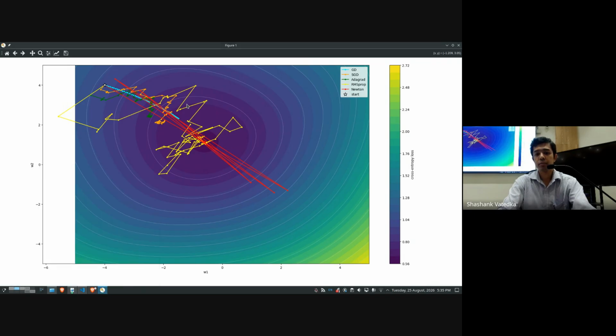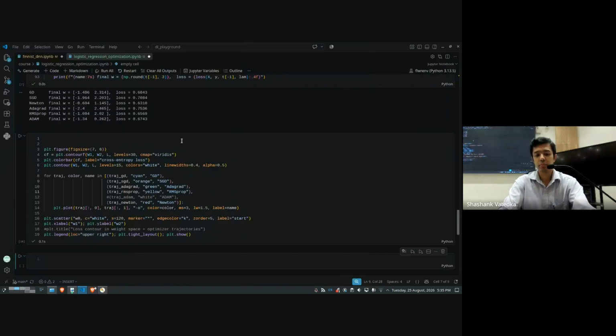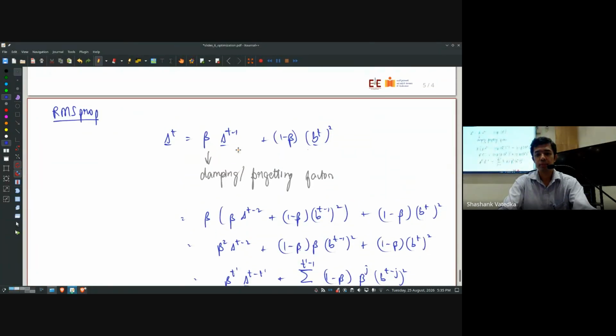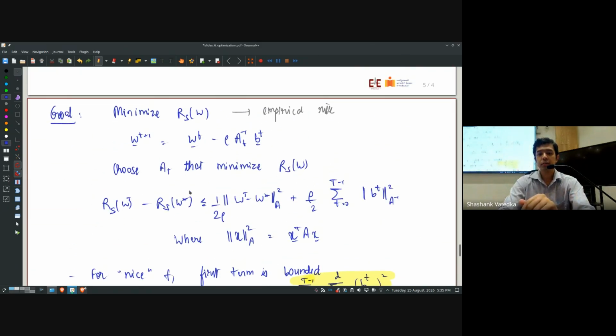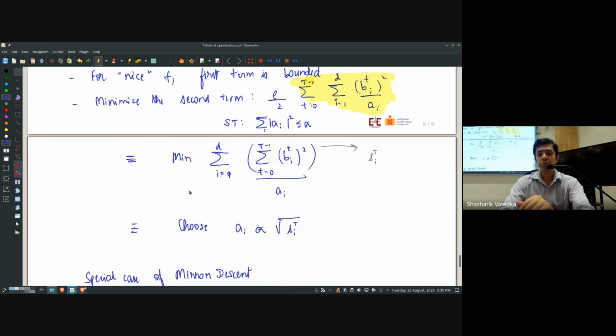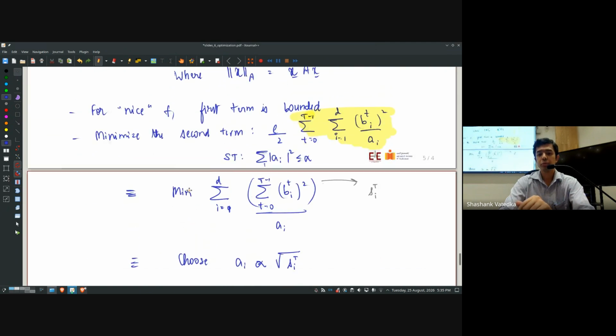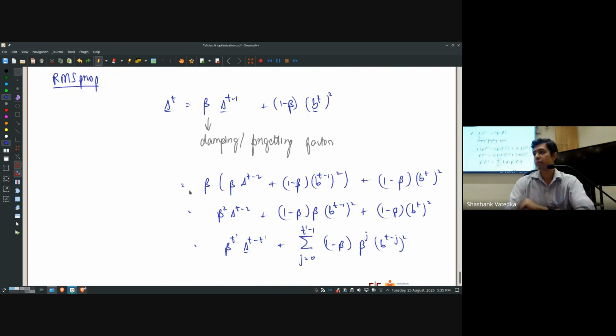Here there's another quantity. I should say that the effective learning rate is rho times 1 over the square root of S_{t-1}.